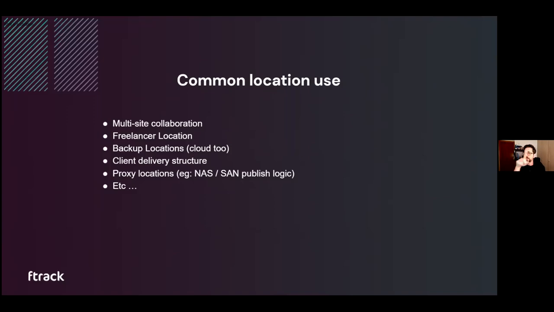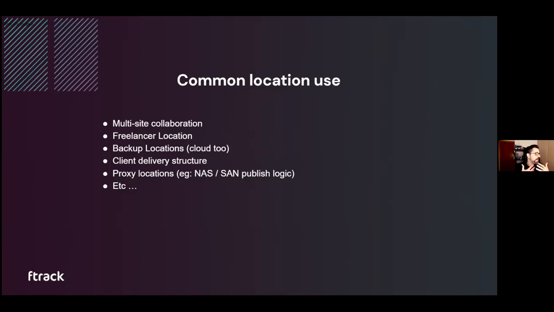And these locations can transfer data between each other. I could have a freelancer location, a similar concept, but without the middleman storage in the cloud. So I could just have a freelancer location, a storage location at my office, with the freelancer connected with VPN. I publish locally, and I transfer the data when production or someone else in the pipeline requires to use my file.